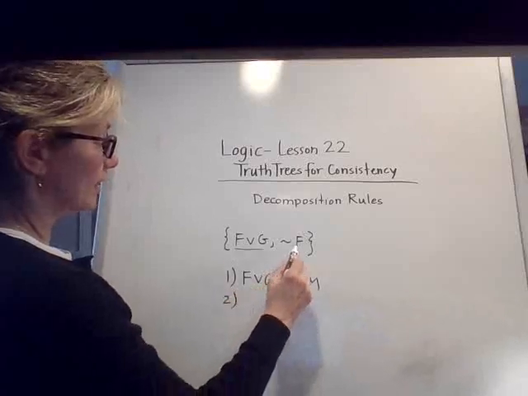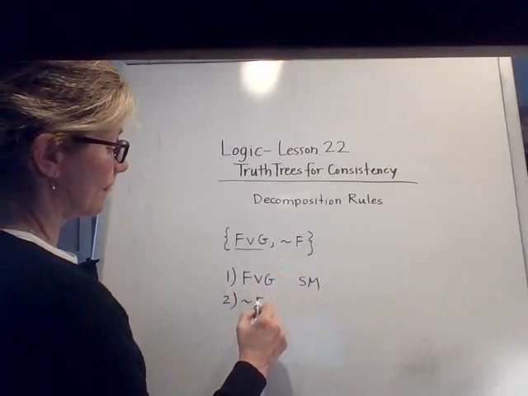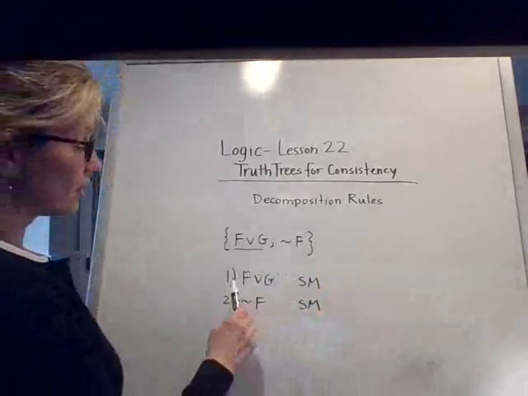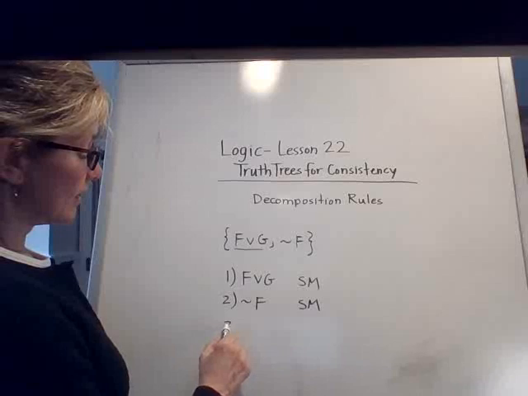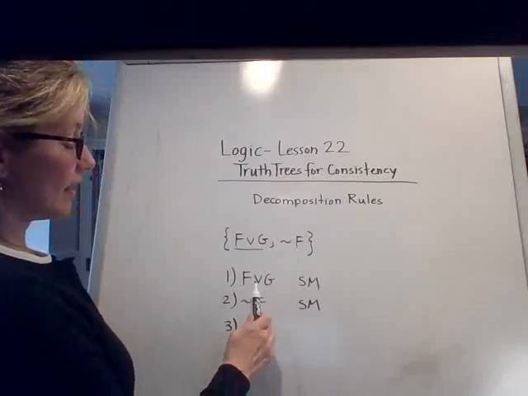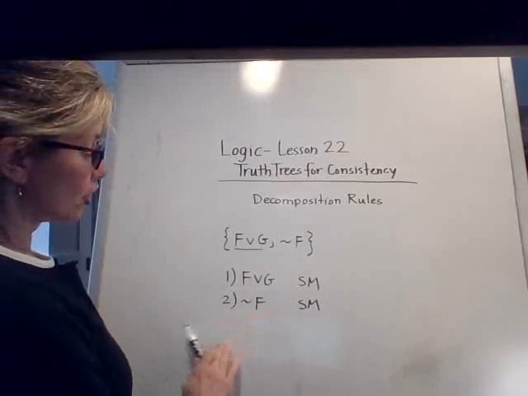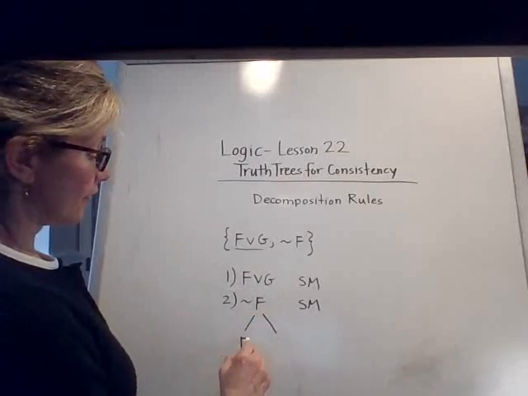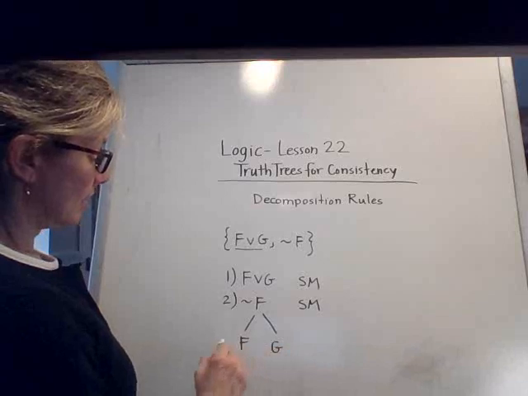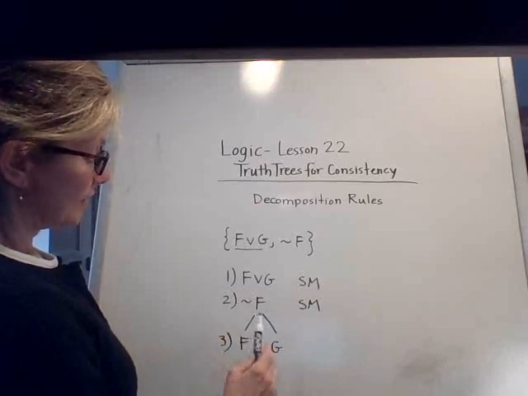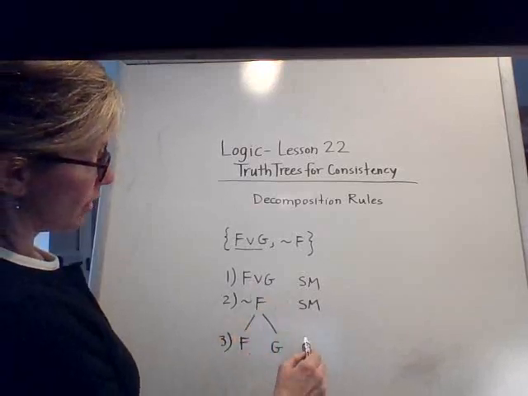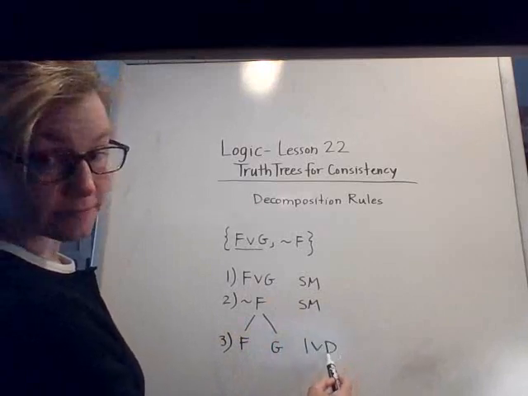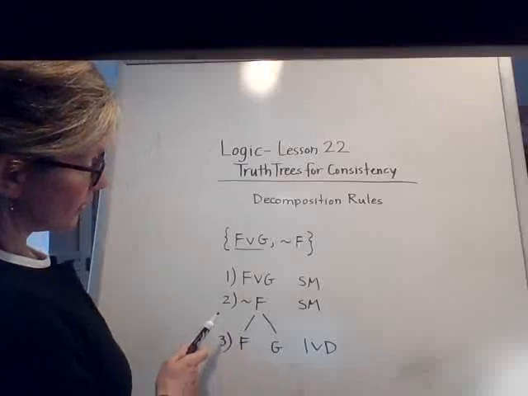Line 2 is not F, set member. Okay, so we really just need to decompose line 1, and we know that a disjunction branches into F and G, and that would be line 3. So we used line 1, disjunction, decomposition.